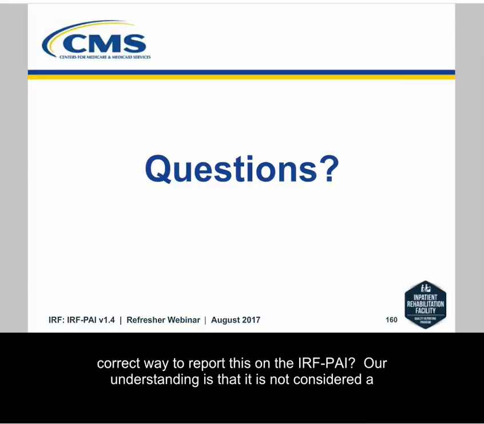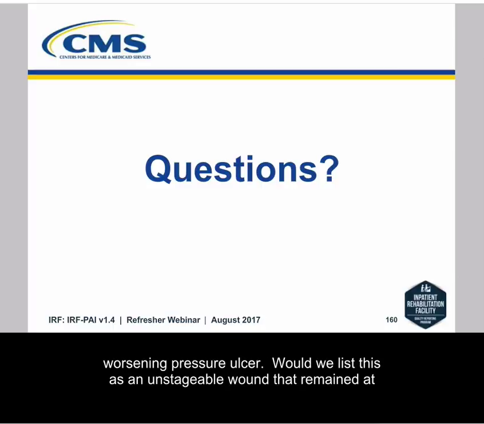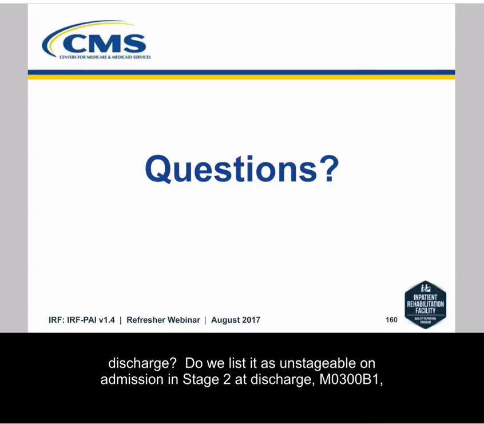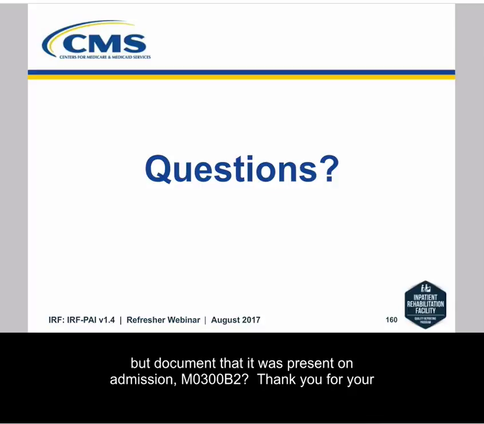Our understanding is that it is not considered a worsening pressure ulcer. Would we list this as an unstageable wound that remained at discharge? Do we list it as unstageable on admission and stage 2 at discharge, M0300B1, but document that it was present on admission, M0300B2? Thank you for your assistance.